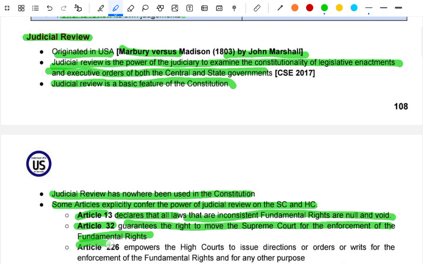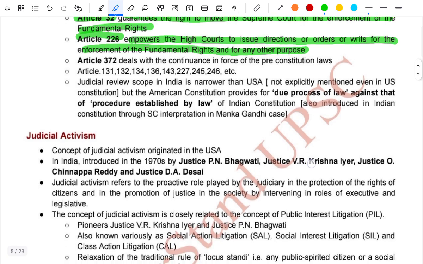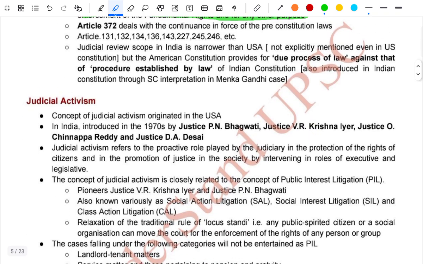Article 226 empowers the High Court to issue directions or orders or writs for the enforcement of fundamental rights or for any other purpose. Article 372 deals with the continuance in force of pre-constitution laws.